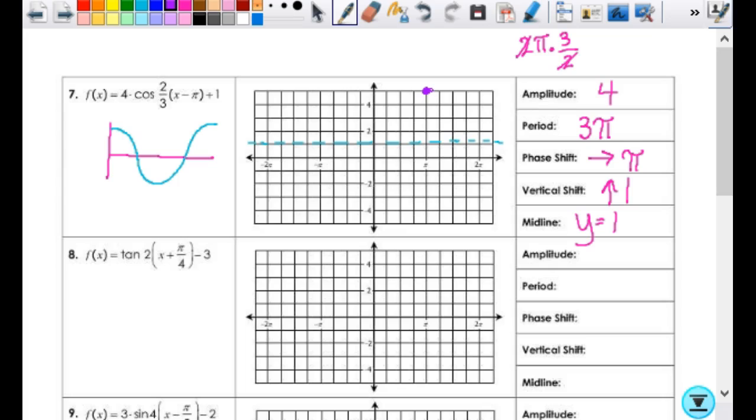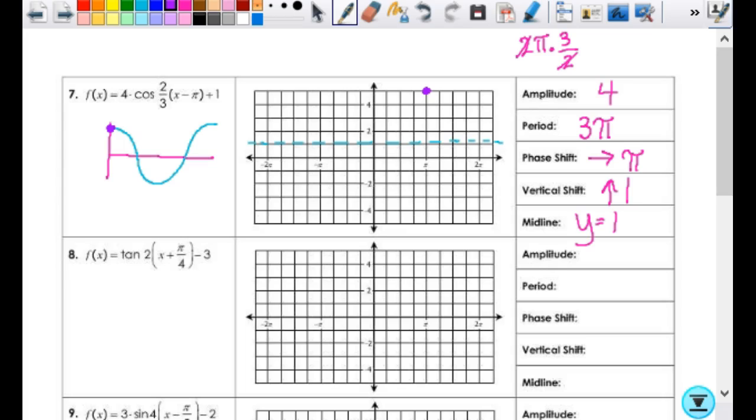Okay, do I need to walk you through that again? I start at 0, 0. I have to go up 4 because of the amplitude. And then I go to the right pi because of the phase shift. So that's this point right here. That's my new point there that got transformed. We all okay with that? That was on like the y-axis. Is that the y-axis? Pretty much, yeah.